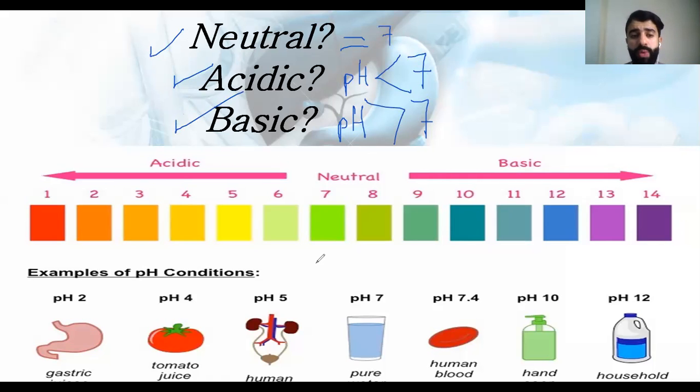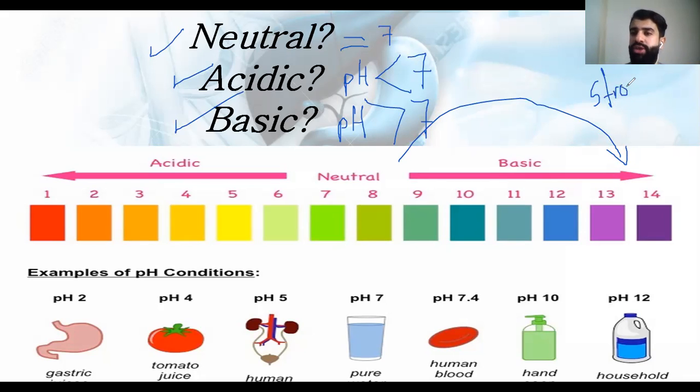As I said, whenever the pH is between 6.5 and 7.5, it's considered neutral. As we move away from 7 upward, greater than 7, the further we move away from 7, the stronger the base.